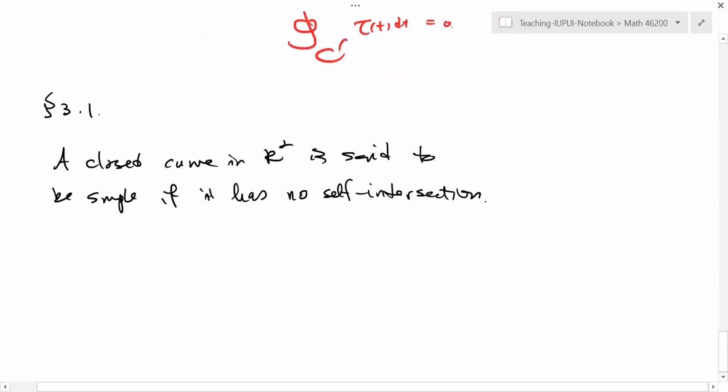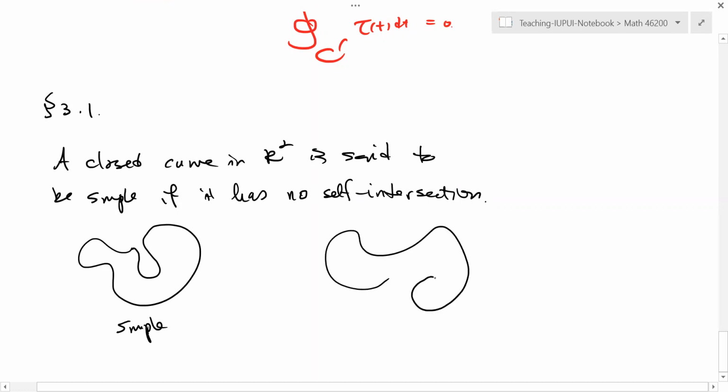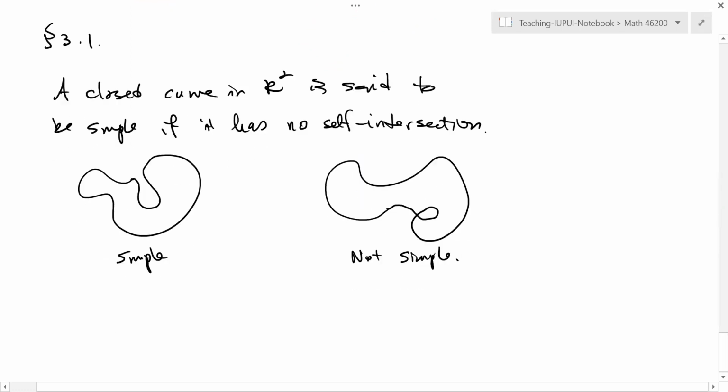Okay. So a curve like that is simple. A curve like that is not simple, right? Because it has a self-intersection in dimension 2.